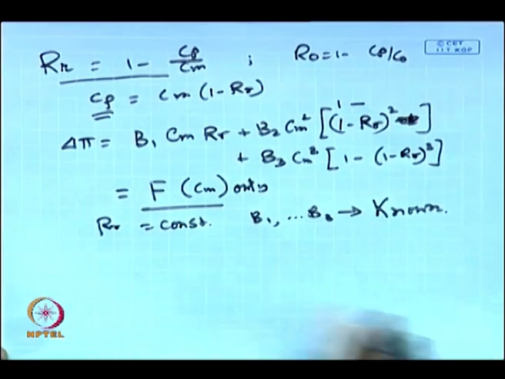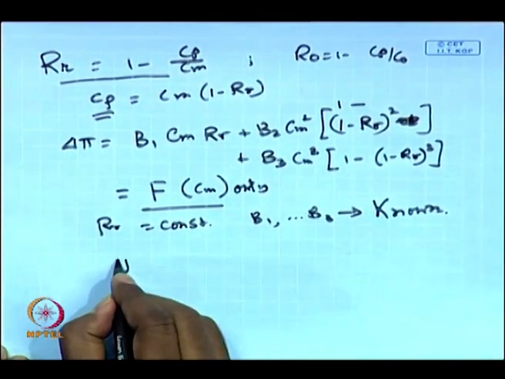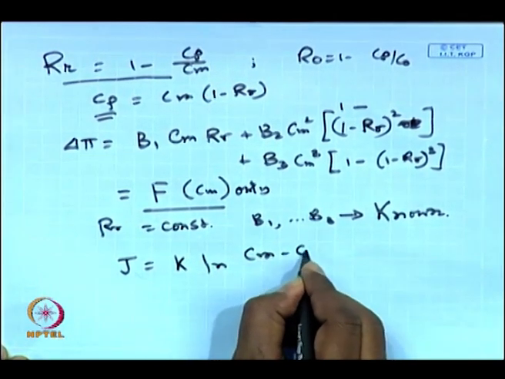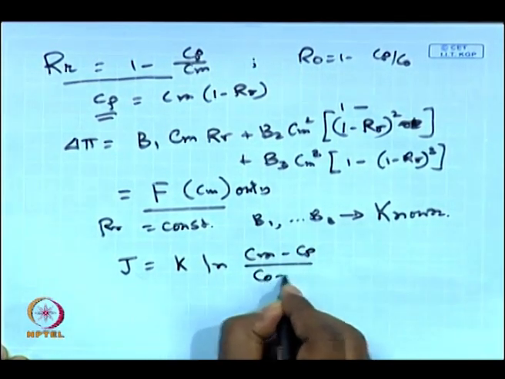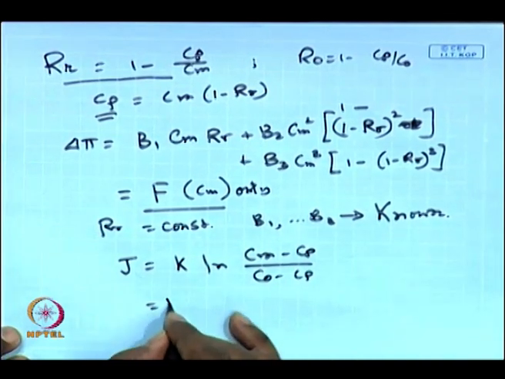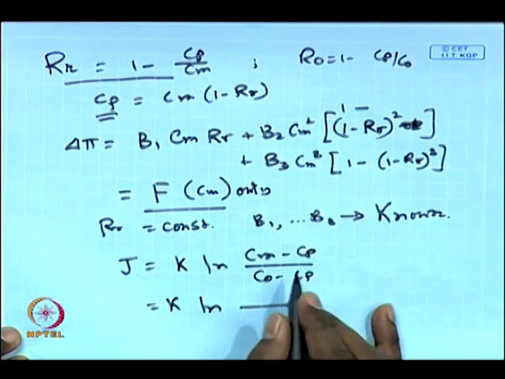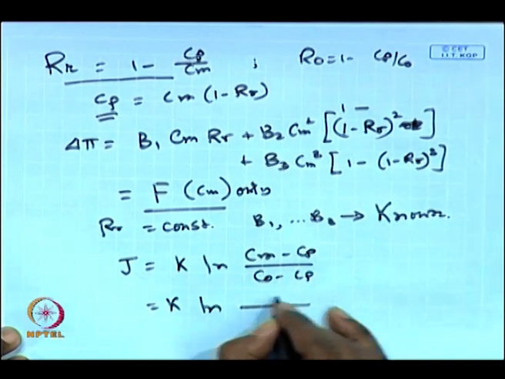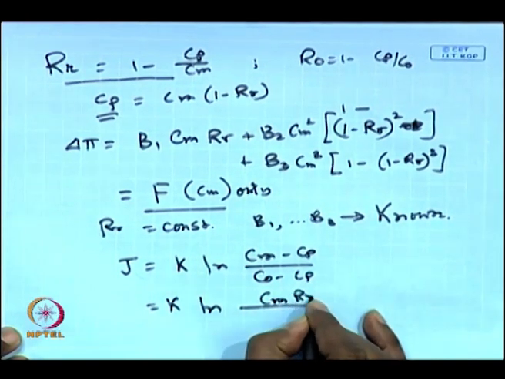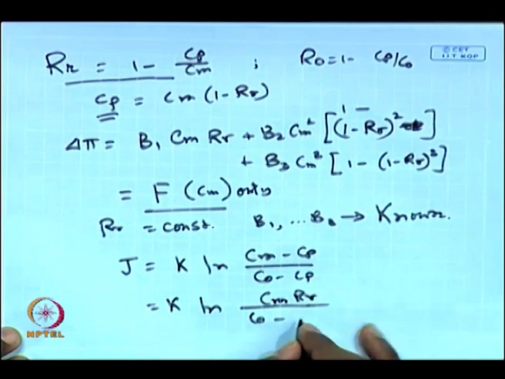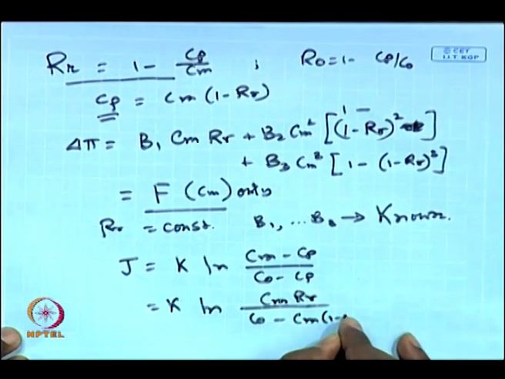Now, we write down the expression of the film theory. J is equal to K ln of Cm minus Cp divided by C naught minus Cp, where K is the mass transfer coefficient. Cm minus Cp is nothing but Cm times RR, and Cp can be replaced in favor of Cm as Cm times 1 minus RR.